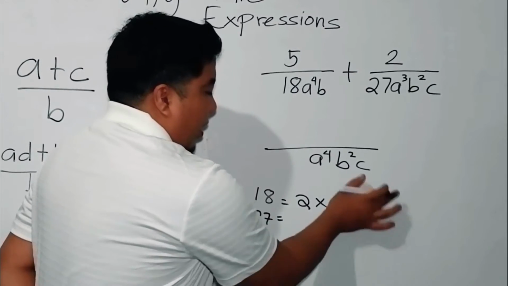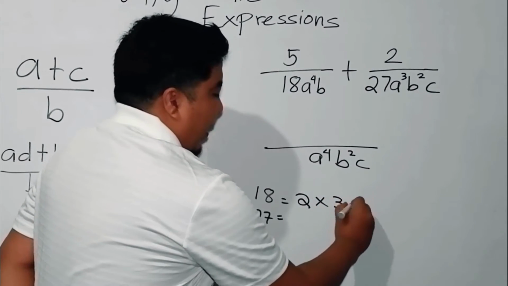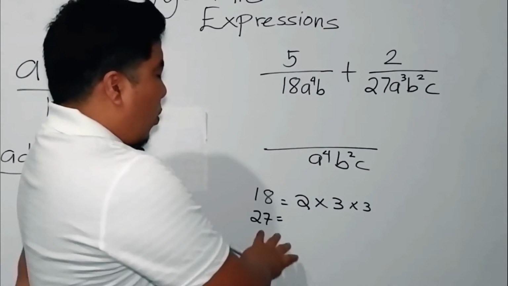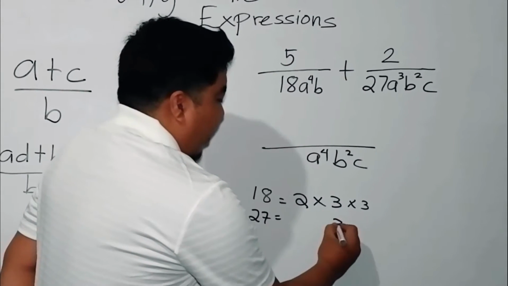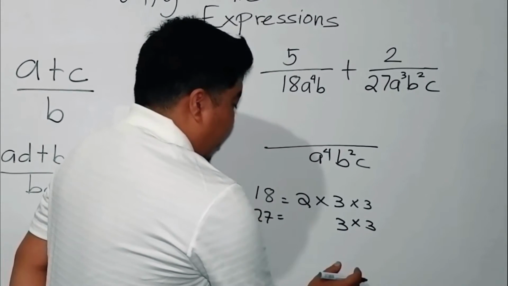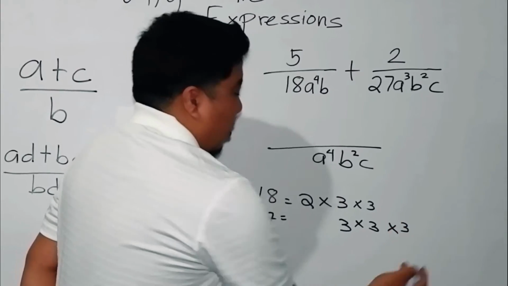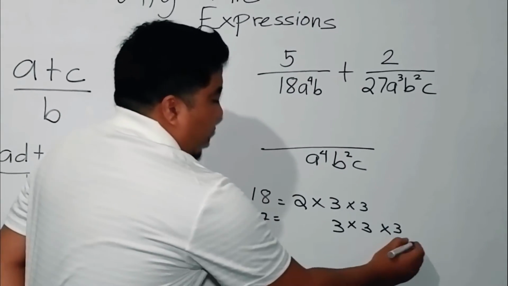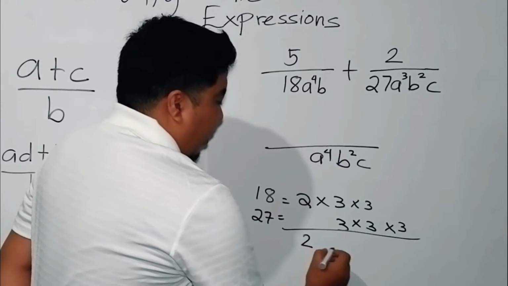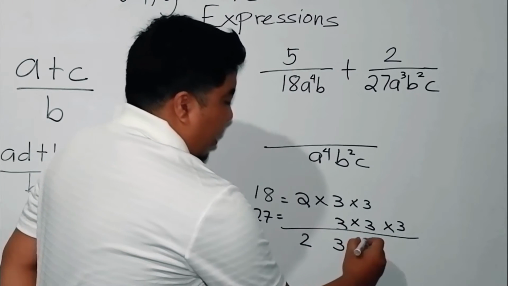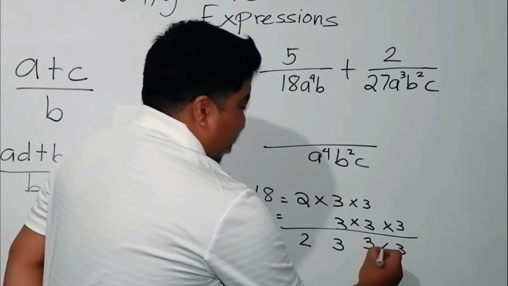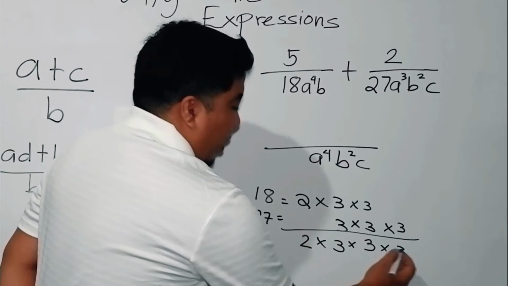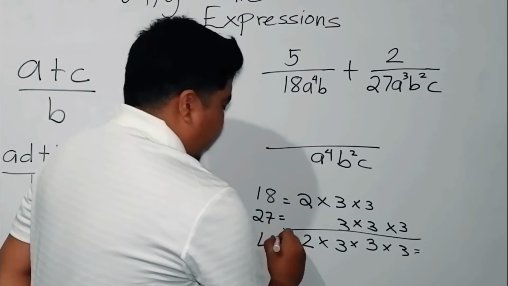However, 9 can still be factored into 3 and 3. While for 27, we have 3, 3, and 3, because that is 9 times 3. Now, what we do here is copy all the factors. So that will serve as our LCD.